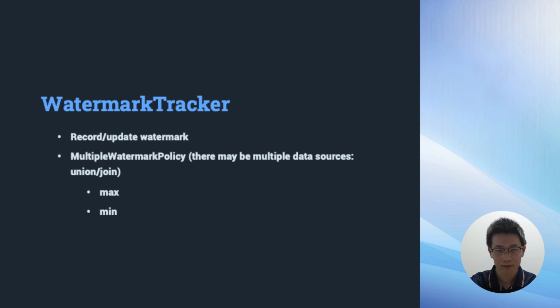For example, we are dealing with a union operation that involves multiple tables. Each table may have different watermark settings. Structured streaming computes a global watermark by considering all these watermarks. There are different strategies, such as taking the maximum or minimum among all the watermarks.